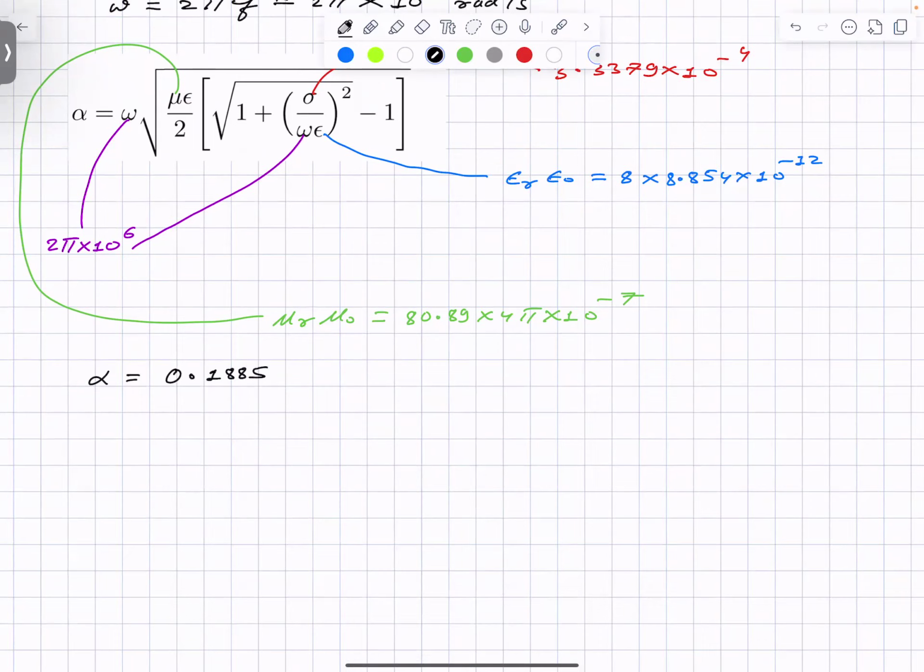Because we need gamma, not gamma squared, you will have to take the square root of this. And if you enter all this in complex mode on your calculator, you should directly get 0.1885 plus j 0.5655. You need to get this in the rectangular form like this. Right, any question?